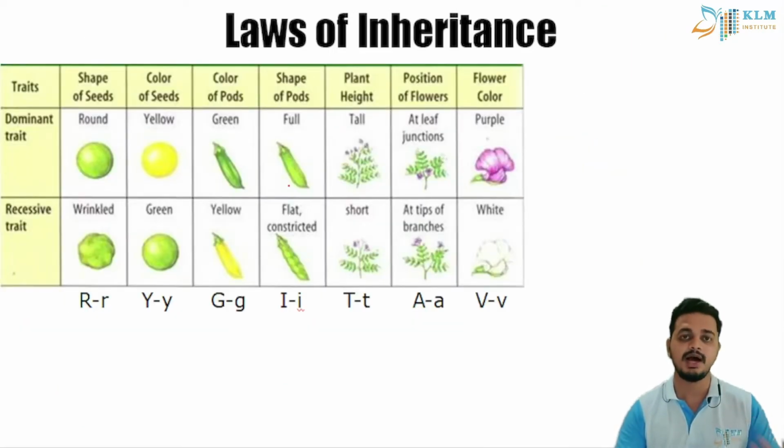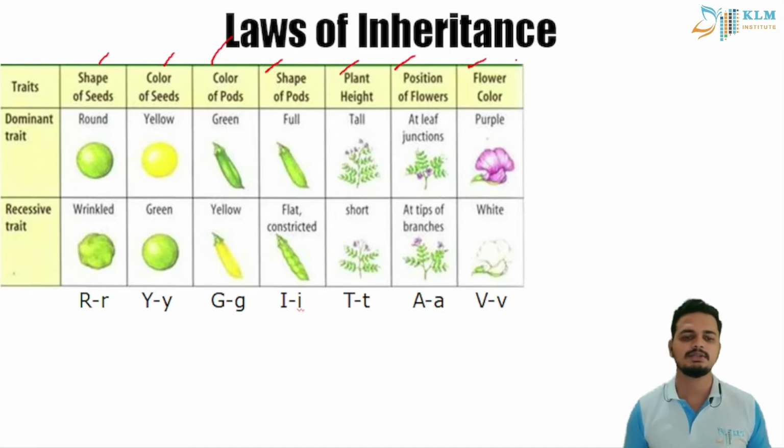So what are some other traits which are considered by Mendel? Not all, because there are millions of traits. This is what was considered by Mendel. So you can see the shape and color of seeds, color of pods, shape of pods, plant height, tall and short, position of the flowers and flower color.